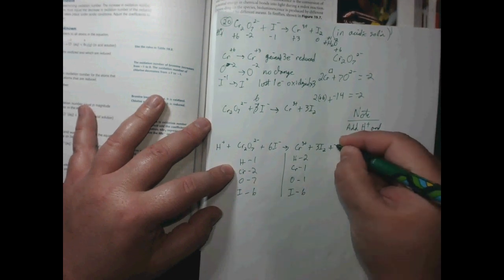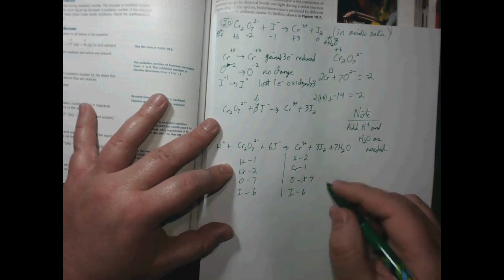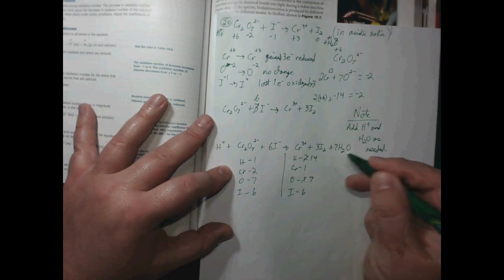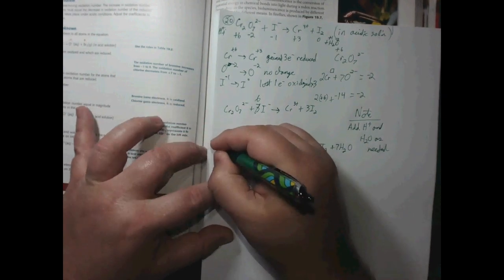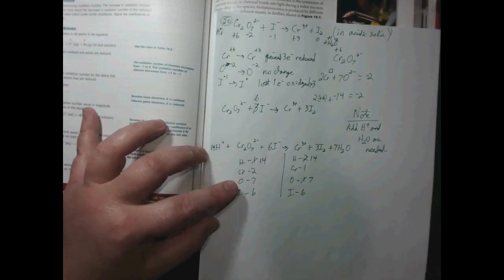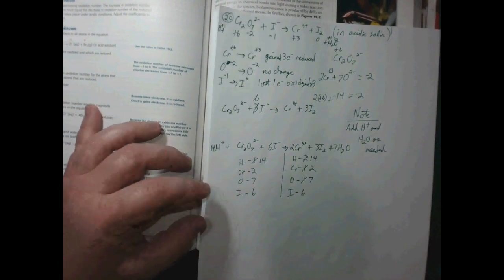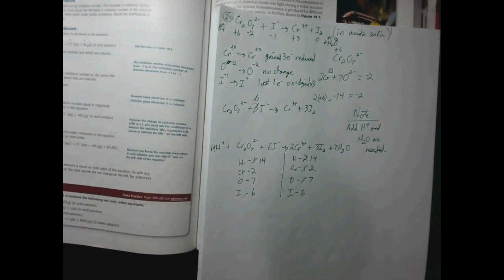The only way I'm going to do that is if I put a 7 in front of the water. That's 7 oxygens now, but now that's 14 hydrogens. Meaning, I need a 14 in front of that, and a 2 in front of this to balance that. And now we're good.